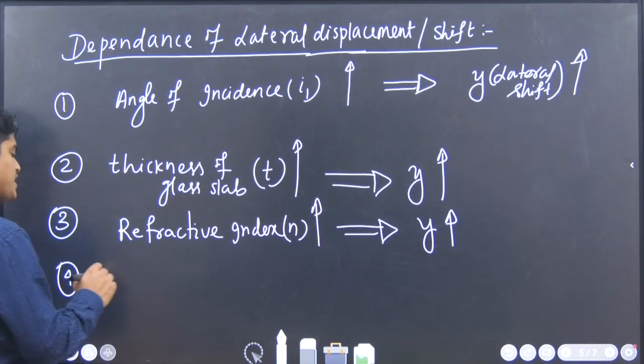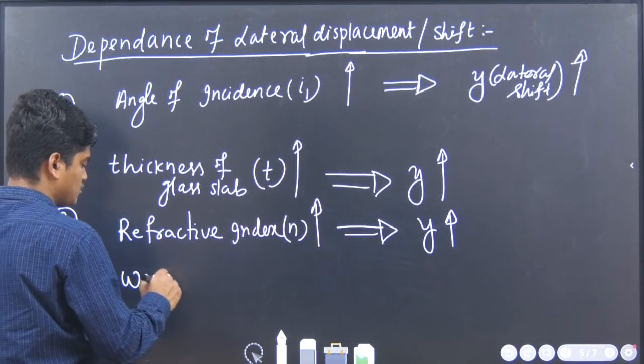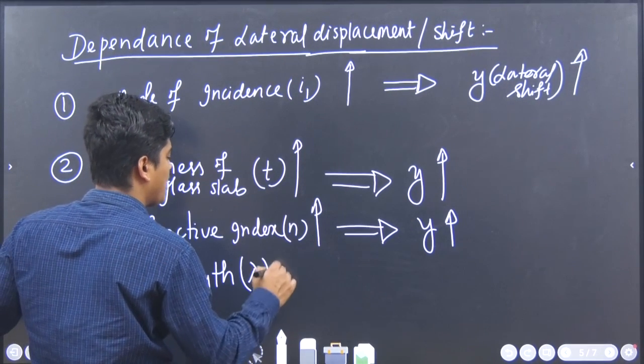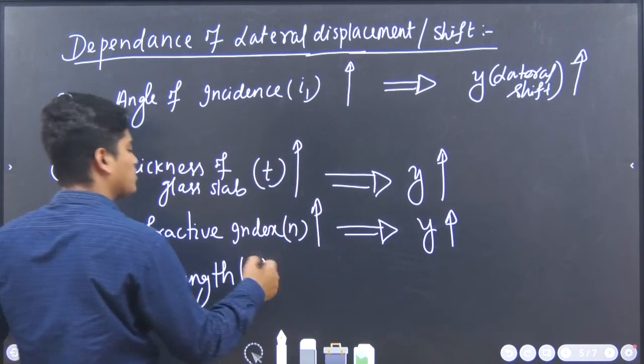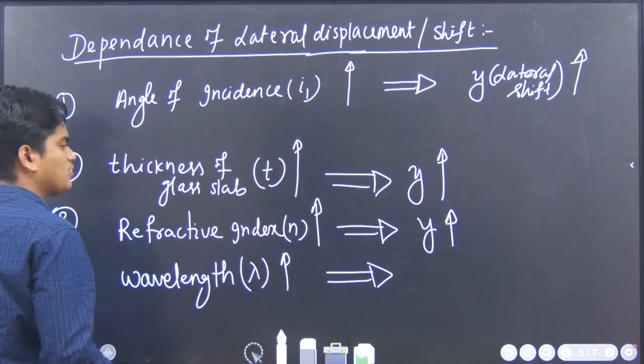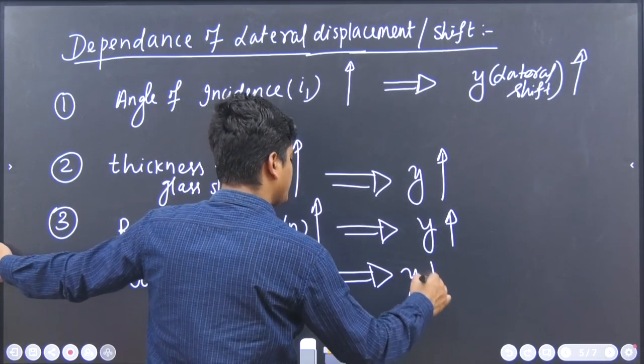Now number 4, understand wavelength, that is lambda. If lambda is becoming more or less, what is happening? If lambda is more, then the lateral shift will be less.